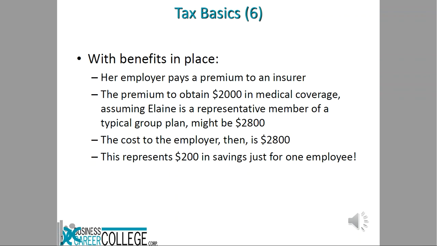So we can see then it's about $200 cheaper in this case, which I think is a fairly representative case for the employer to put in place group benefits as opposed to having no benefits at all. And that's just the strict tax calculation. That doesn't take into account the risk management aspect of it or the budgeting aspect of it. Really, this plan should make Elaine's life easier in a number of ways that are probably more valuable to her than $200 a year.